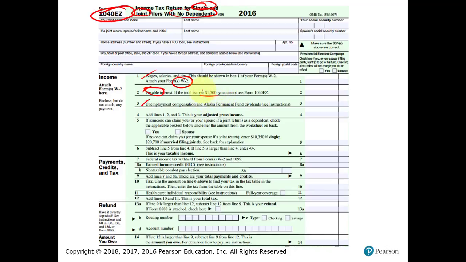Remember, if you have 1,500 or more, then you've got to prepare a Schedule B and attach it to your 1040 form or possibly 1040A form. Or if you have unemployment compensation. All those are the 3 types of income that you total up. And here we call it AGI, even though we don't have other income or other deductions being subtracted out. On the easy form, here's our AGI.